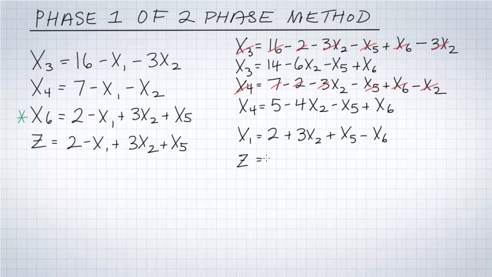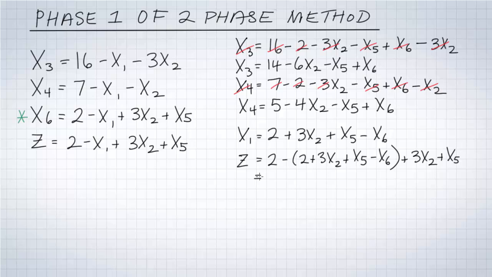So I'm doing good. And the last one is the z. Is 2 minus x1, and then plus 3x2 plus x5, and this is equal to, 2 minus 2 is 0, and then minus 3x2 plus 3x2, that's 0.